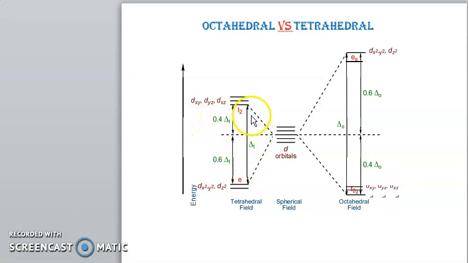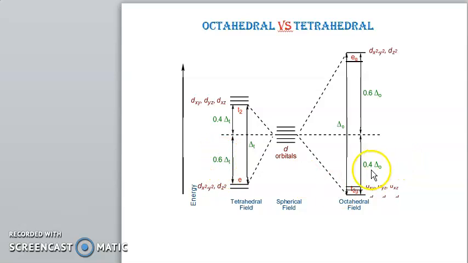The difference between these two orbital sets in tetrahedral is del T, and the difference between these two in octahedral is del O. From the ground to the T2 set is 0.4 del tetrahedral, and from the ground to the E set is 0.6 del tetrahedral.